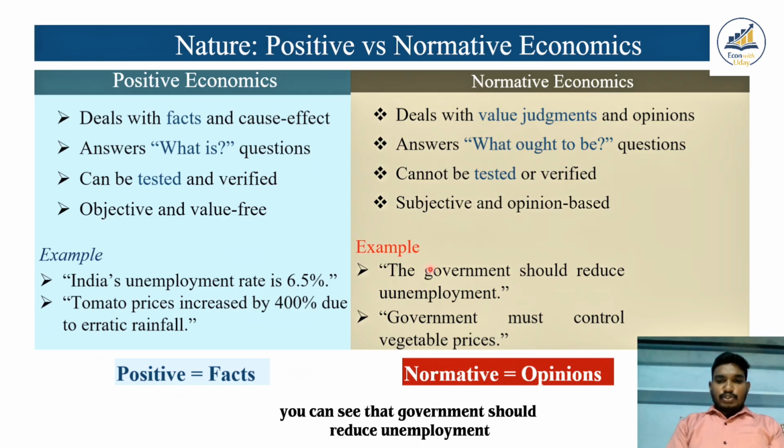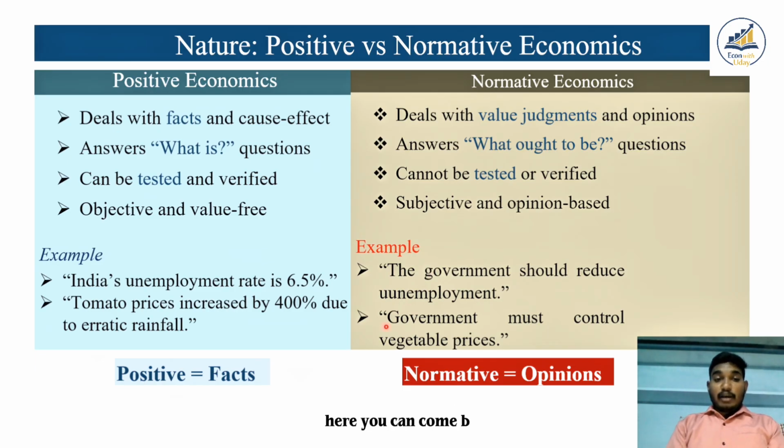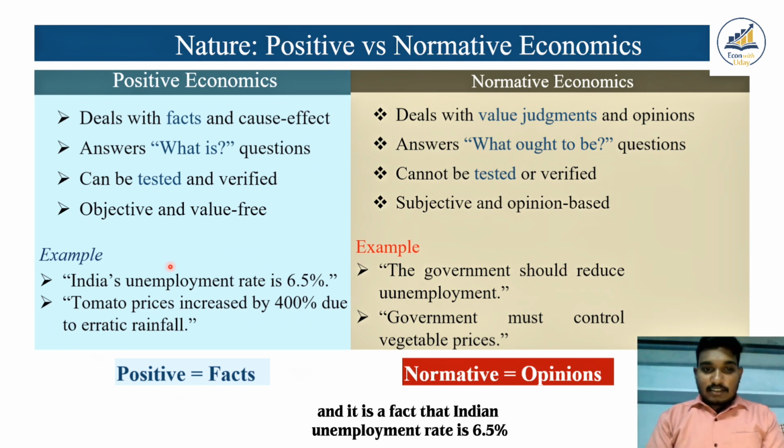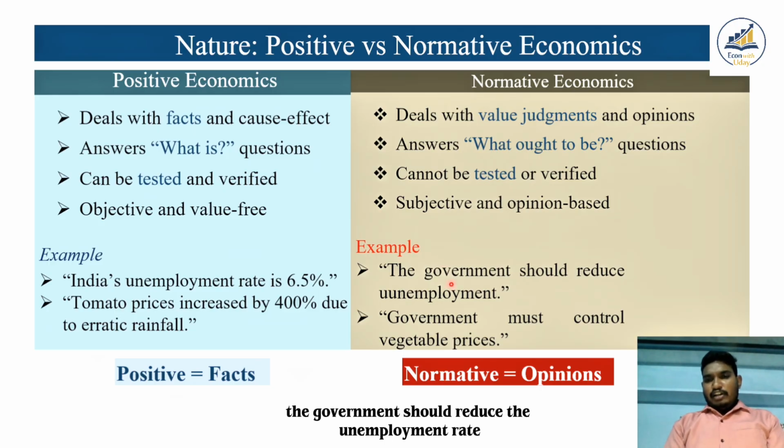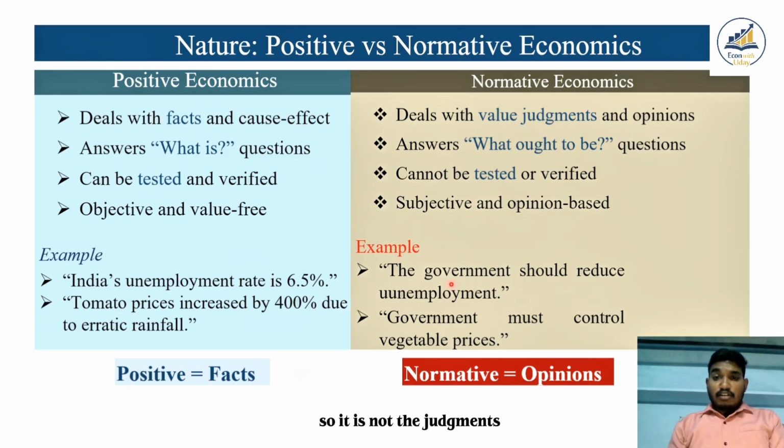Here you can see: the government should reduce unemployment, and the government must control vegetable prices. Let's compare. It is a fact that India's unemployment rate is 6.5%. The opinion of the people is that the government should reduce the unemployment rate, and the government should reduce poverty. These are value judgments.